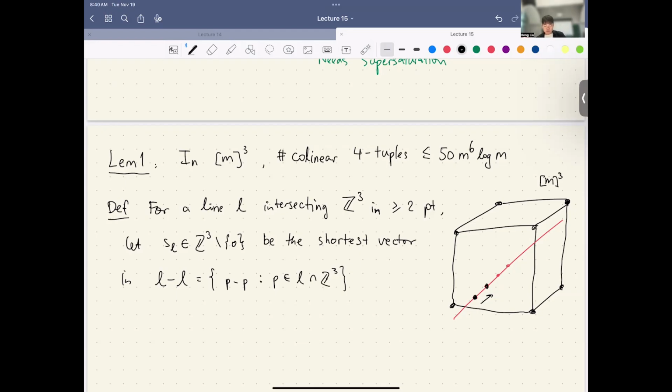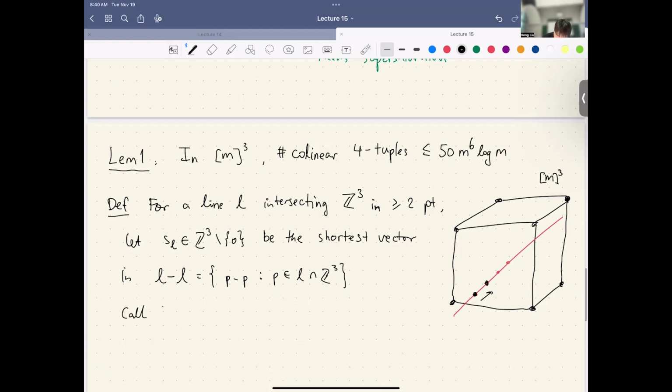So take the shortest vector, that's the difference of 2 integer points on the line, that we call the direction of L. This is called SL, the direction of L.